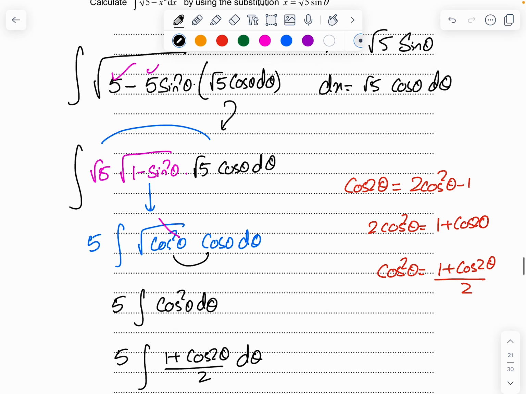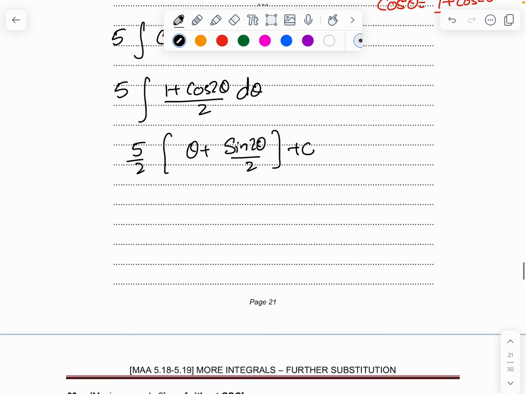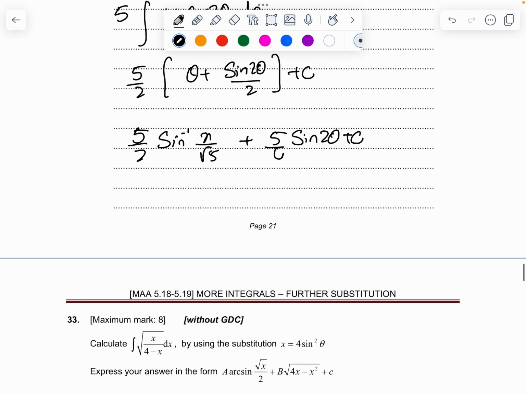So what is theta? Theta is sin inverse of x upon root 5 plus 5 upon 4 sin 2 theta. What is sin 2 theta? Sin 2 theta is 2 sin theta cos theta plus c.